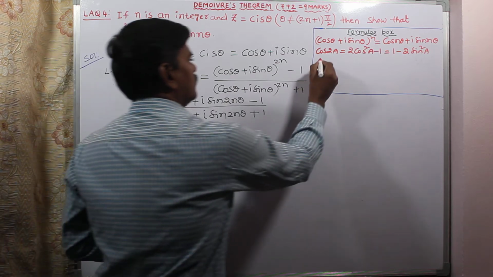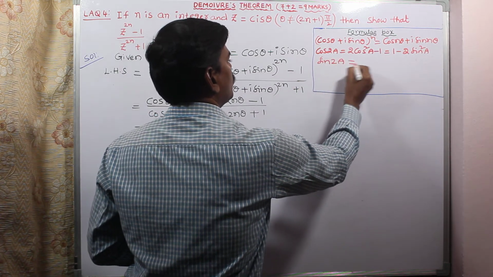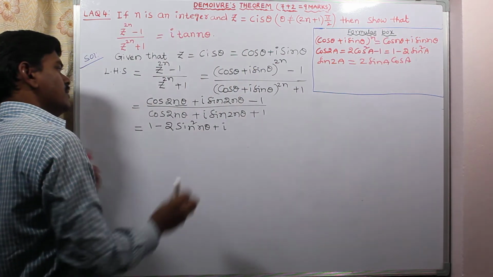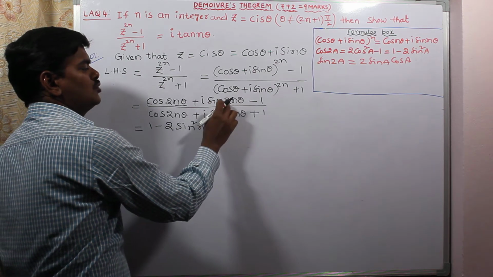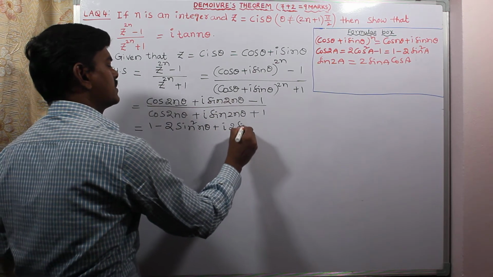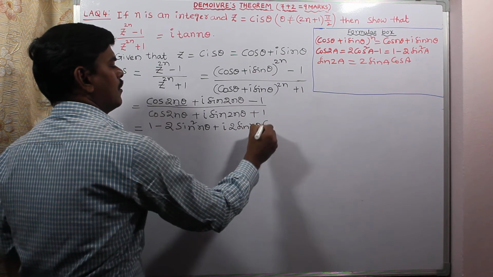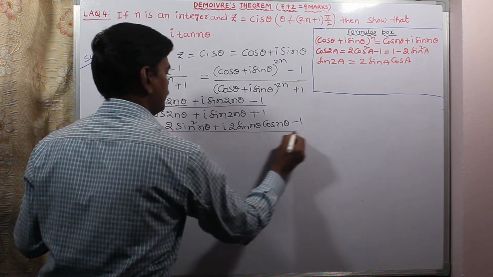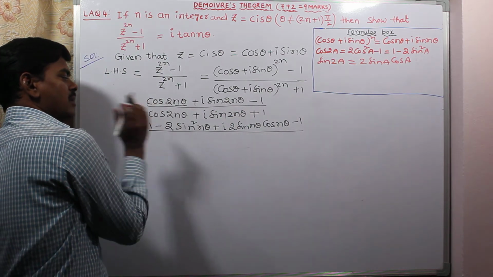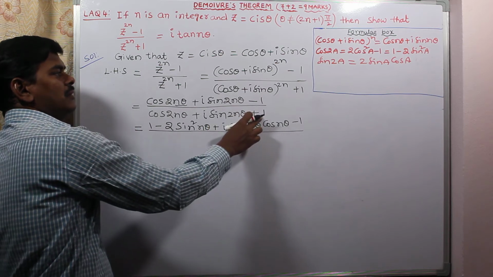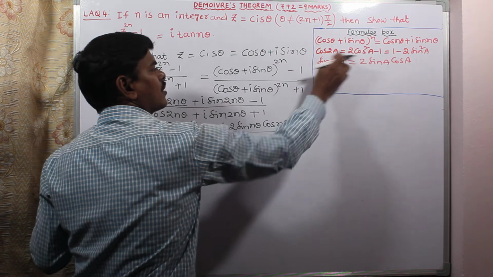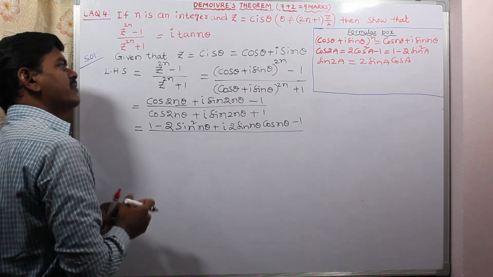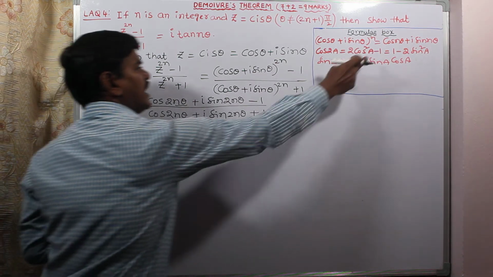For sin 2a we have the formula 2 sin a cos a, and again a is n theta, so 2 sin n theta cos n theta, minus 1 as it is, whole divided by, in the denominator, the same cos 2a formula. But this time, when I see plus 1, I would like to select the minus 1 involved formula. We have both formulas, so this time we select the minus 1 involved formula.